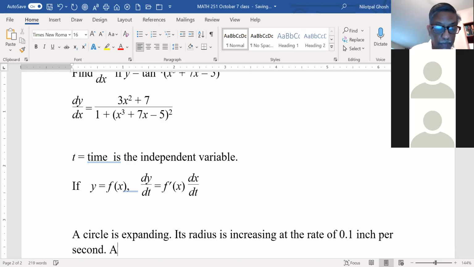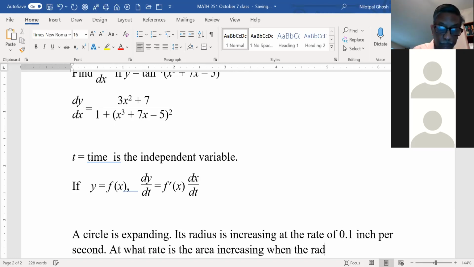At what rate is the area increasing when the radius is, say, 10 inches? So very straightforward question.